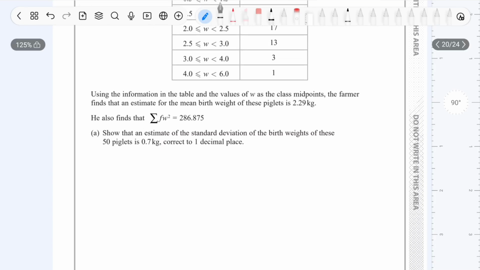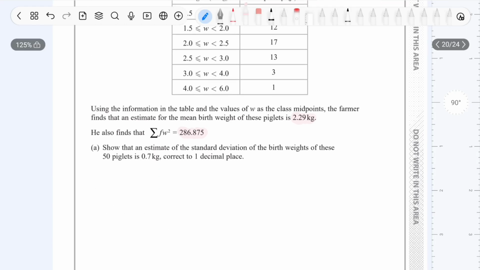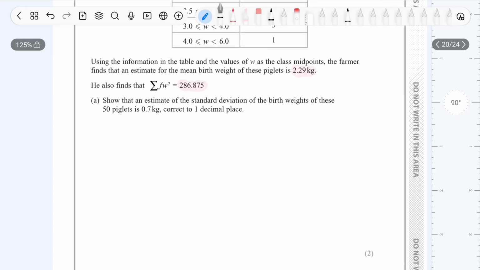Using the information in the table and the values of W as the class midpoints, the farmer finds an estimate for the mean birth weight of these piglets is 2.29 kilograms. He also finds that the sum of the frequency multiplied by the midpoints squared is equal to 286.875. Show an estimate of the standard deviation of the birth weights of these 50 piglets is 0.7 kilograms, correct to 1 decimal place.